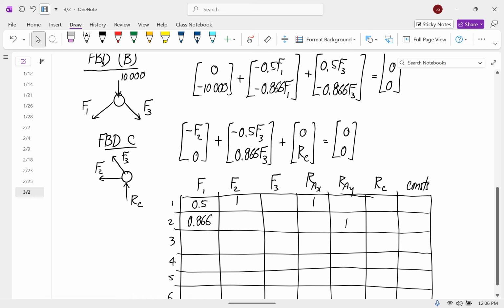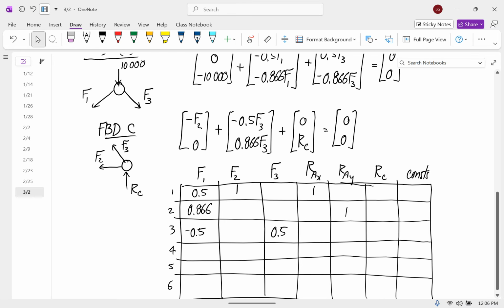Equation 3, F1, we have negative 0.5. F3, we have 0.5. Equation 4, F1, we have negative 0.866. F3, we have negative 0.866. And the constant on the other side of the equation is positive 10,000.